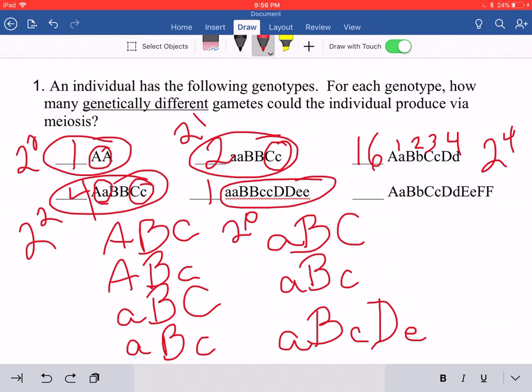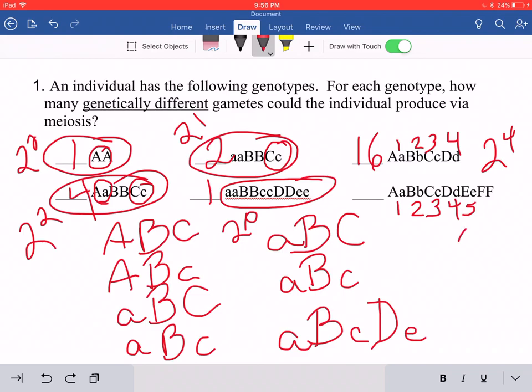What about down here for this last one? We have 1 for the A's that is heterozygote, 2 for the B's, 3 for the C's, 4 for the D's, 5 for the E's, and F, it's actually a homozygous pair there.